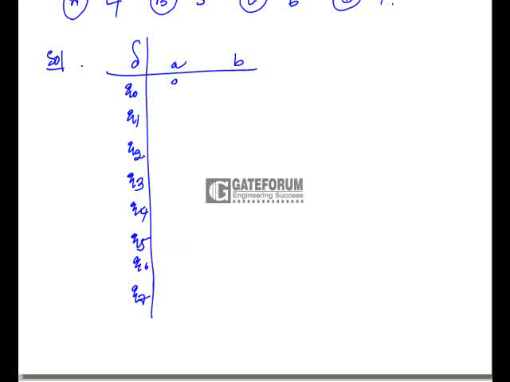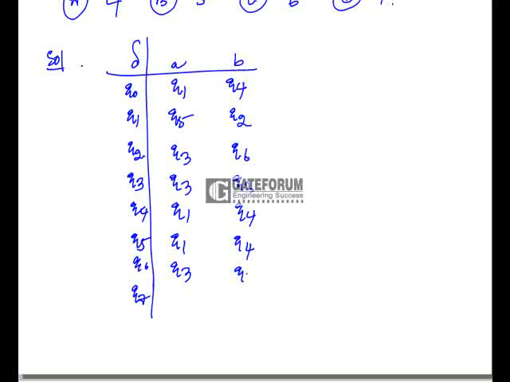Q0 on A is Q1, Q0 on B is Q4, Q1 on A is Q5, Q1 on B is Q2, Q2 on A is Q3, on B is Q6, Q3 on A is Q3, on B is Q3, Q4 on A is Q1, Q4 on B is Q4, Q5 is Q1, Q4, Q6 is Q3, Q7, Q7 is Q3 and Q6.